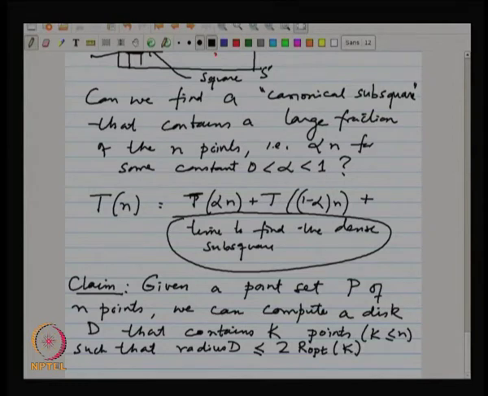R opt k is the smallest disk that contains exactly k points. Exactly means you do not have some singularity case, such as all points being on the same coordinate. So, without singularities, think about the smallest disk that contains k points.